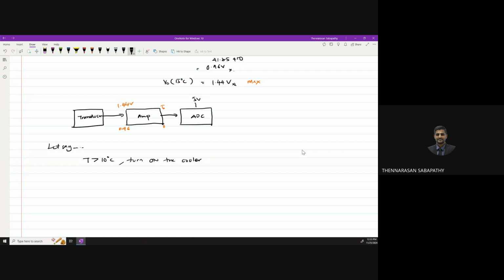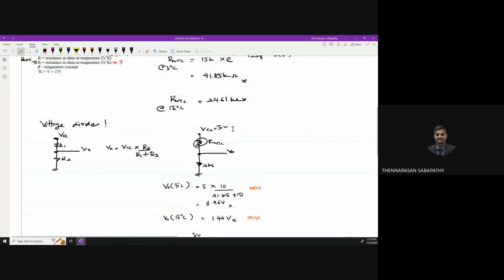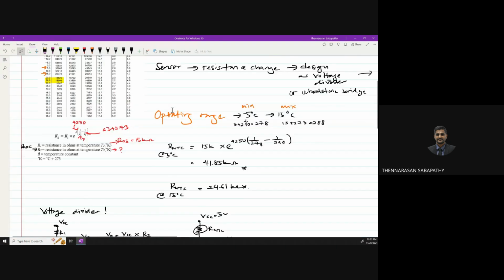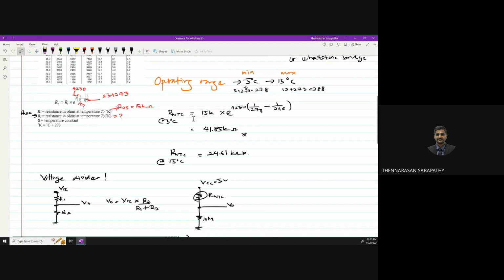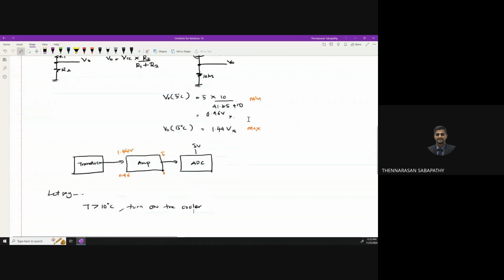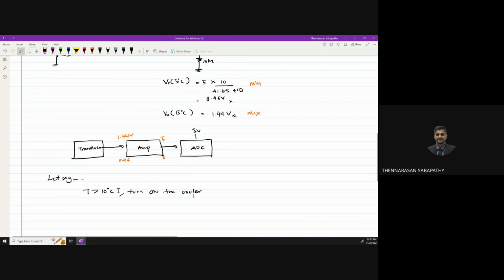So when you design the whole thing for this particular operating range, min and max, when T is greater than 10, this is one of the temperatures that is going to be used in your system, a critical value. So this is known as the critical temperature or critical value for the sensor.